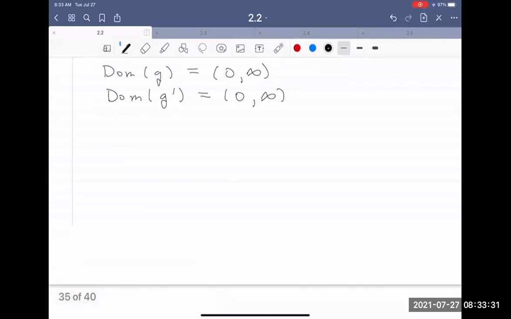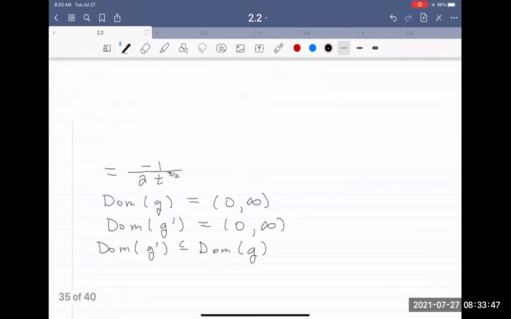And as before, we noted that the domain of the derivative is a subset of the domain of the original function. Any questions about this? And so that's my derivative.